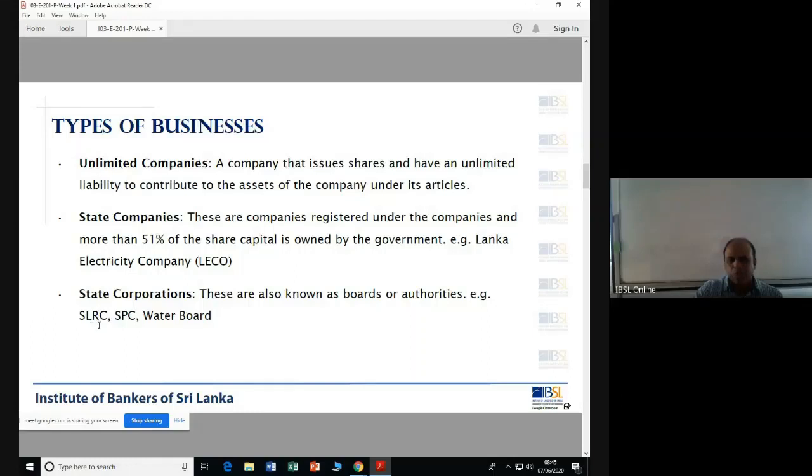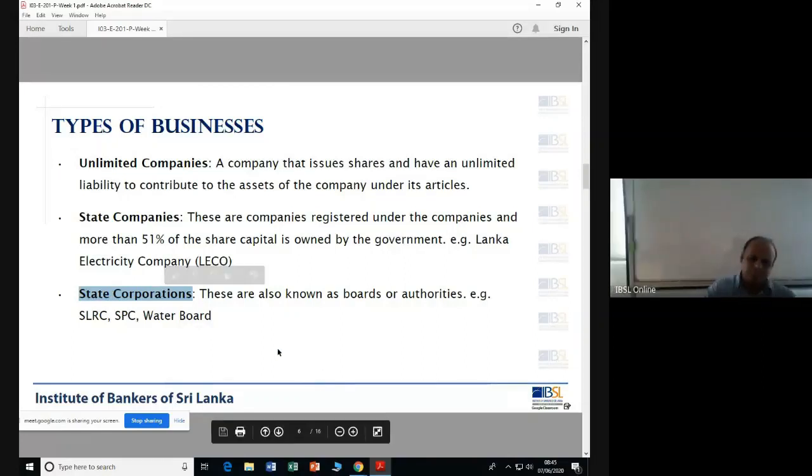SLRC is the Sri Lanka Rupavahini Corporation. SPC, the State Pharmaceuticals Corporation. The Water Board. So there are so many organizations in the country which are run by the government. So we call them state corporations.